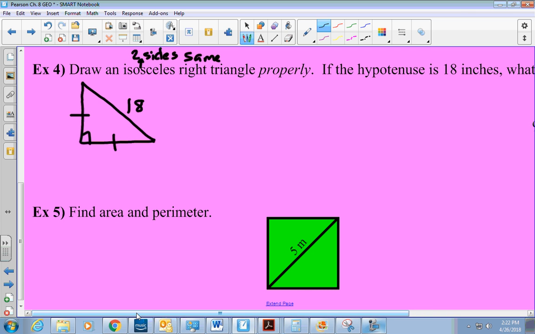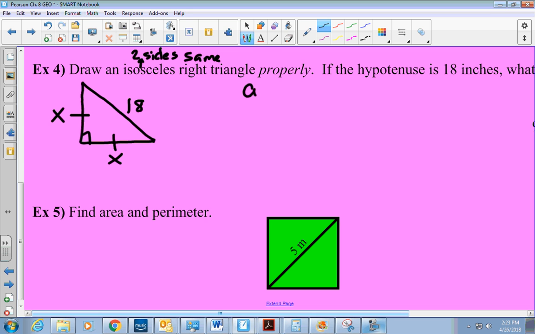So we're going to let the length of the leg be a letter X. If it's X on the bottom of the triangle, it's X on the left-hand side too. It's an isosceles triangle. Those two are the same. Two sides are the same.